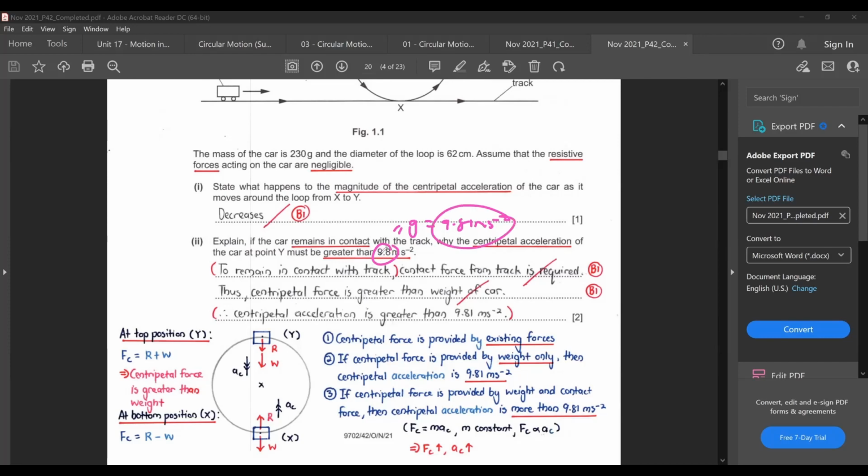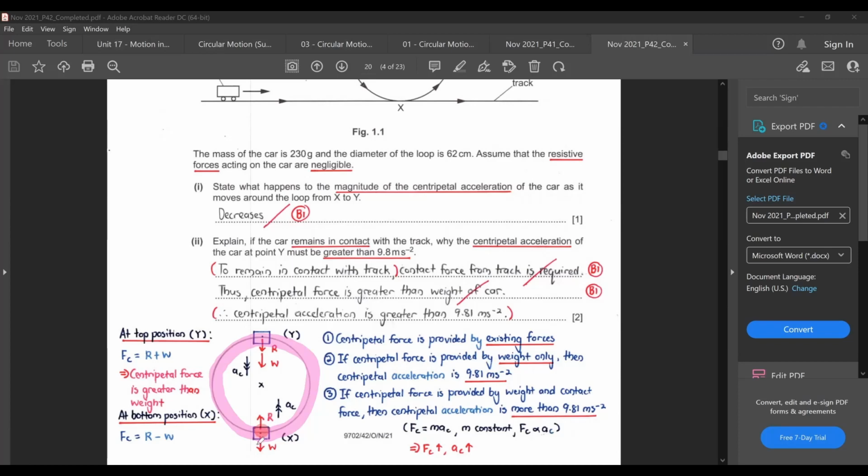So this 9.8 is not a coincidental value, it is somewhat related to your gravitational acceleration. Why is it specifically this value, right? So let's just consider a few things first. Now, when your car or whatever object is able to move in a complete circle like this and remains in contact with the track throughout, you consider some of the forces that act on the car.